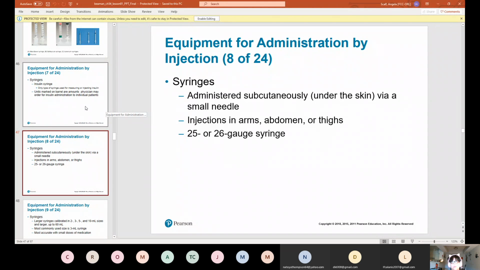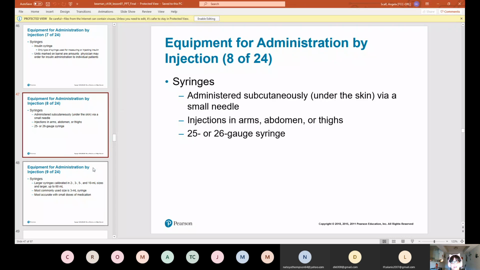And then I'm also going to post a video specifically about insulin and insulin administration, to give you your first look at this, because what we're going to get into is subcutaneous. That'll be our first type of injection we're going to learn about.